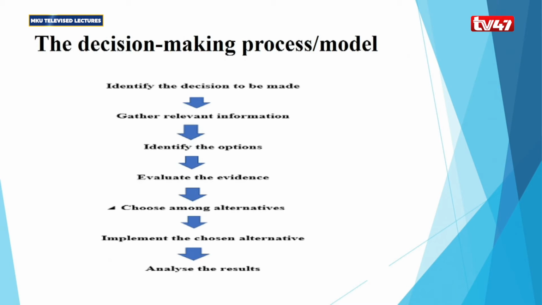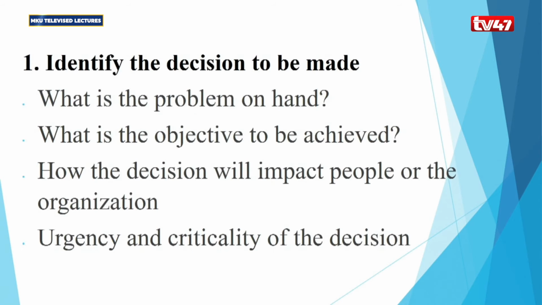Step 4, we evaluate the evidence. Step 5, we choose among the alternatives. Step 6, we have to implement the chosen alternative. And finally, we analyze the results. So we are going to look at those steps and what is entailed in each step.